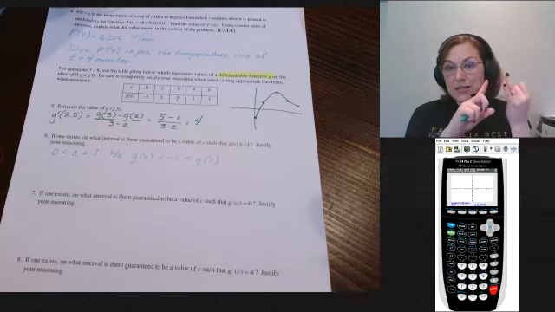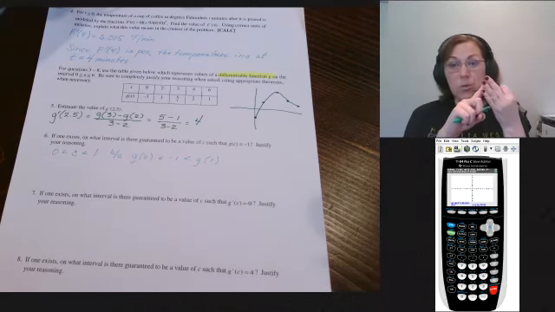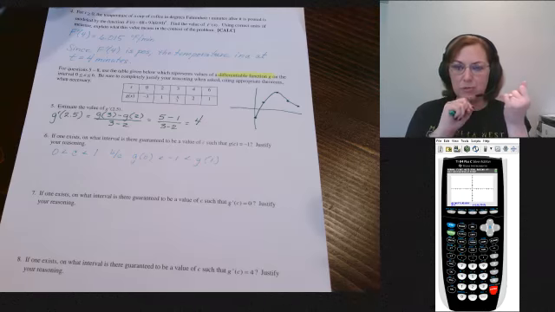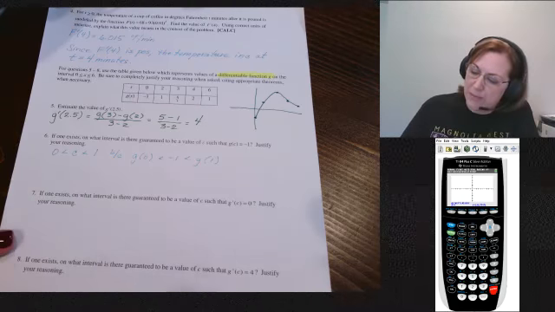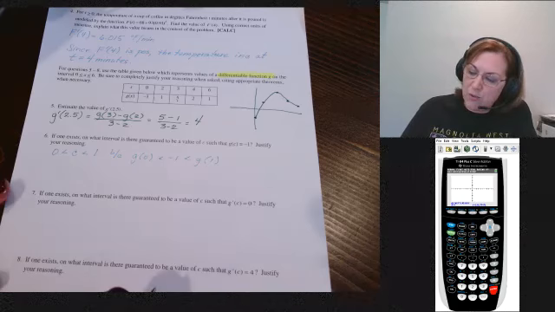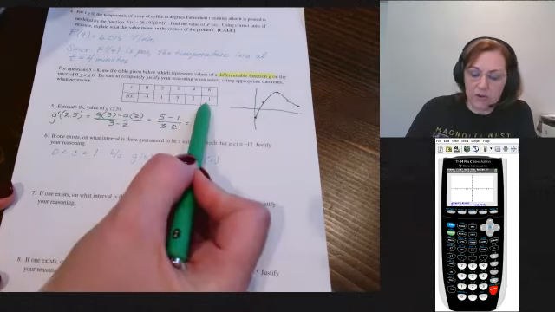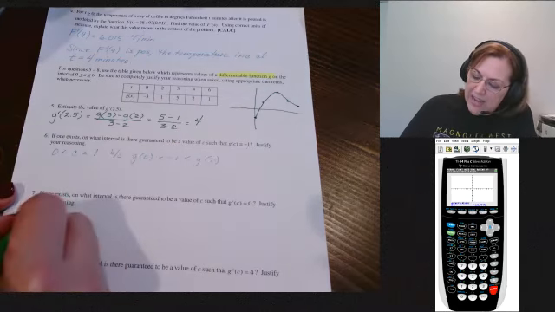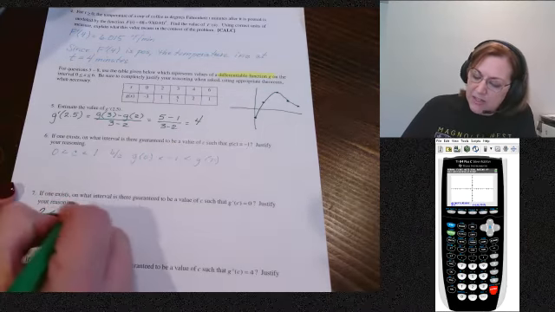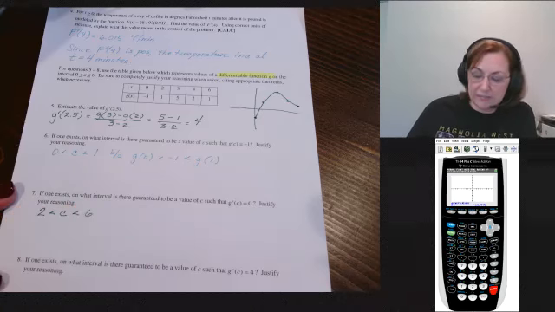It's got to be continuous, got to be differentiable, and those y values have to be equal to each other on Rolle's theorem. So where do you see the y values equal to each other? I see it here and I see it here. So this means that C has to be between 2 and 6.